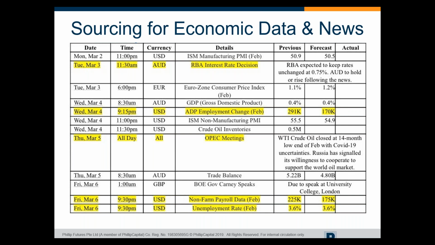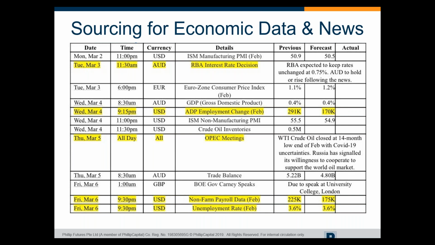The other one that was quite a huge impact was the OPEC meetings. This is the oil meetings that was conducted, and this caused the oil prices to crash due to the disagreements between Russia and the Saudi Arabia side. It definitely affected oil prices. So if you're trading crude oil, this is one thing that you might want to look out for in the week if they have any meetings.